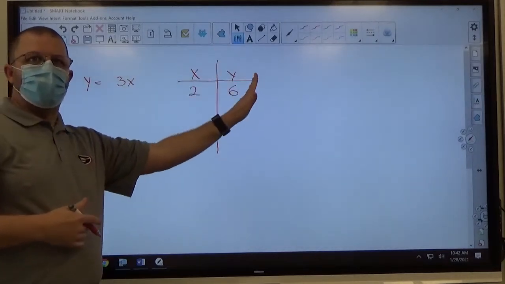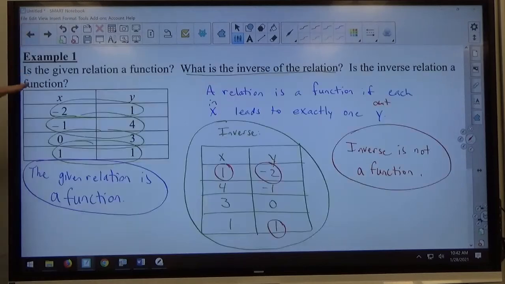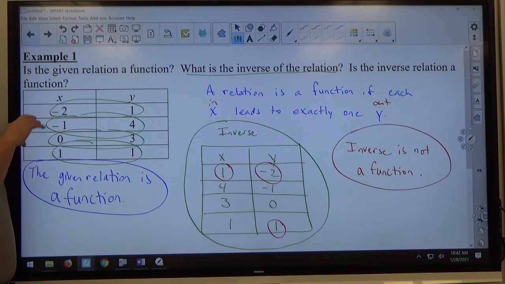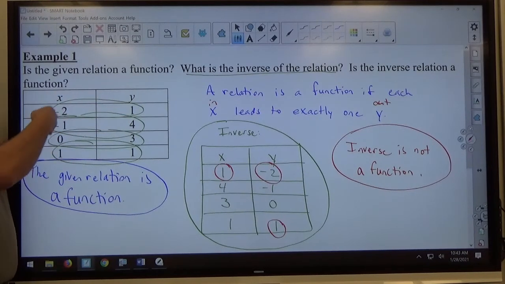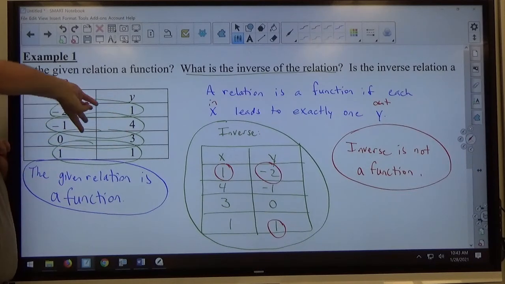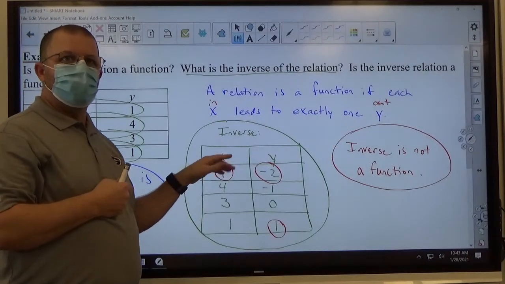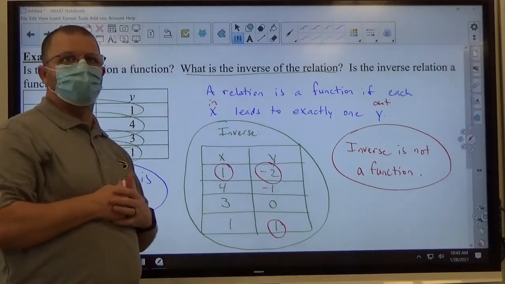This input gives me that output because there's some equation related to it. In this case, they just happened to give us a list of ordered pairs. They just gave us this chart, didn't give us any kind of equation with it. So this is all we have to go with: these x's lead to those y's. These inputs give me those outputs. When I invert it, they go the other direction. And if any one input gives me more than one output, it's not going to be a function.